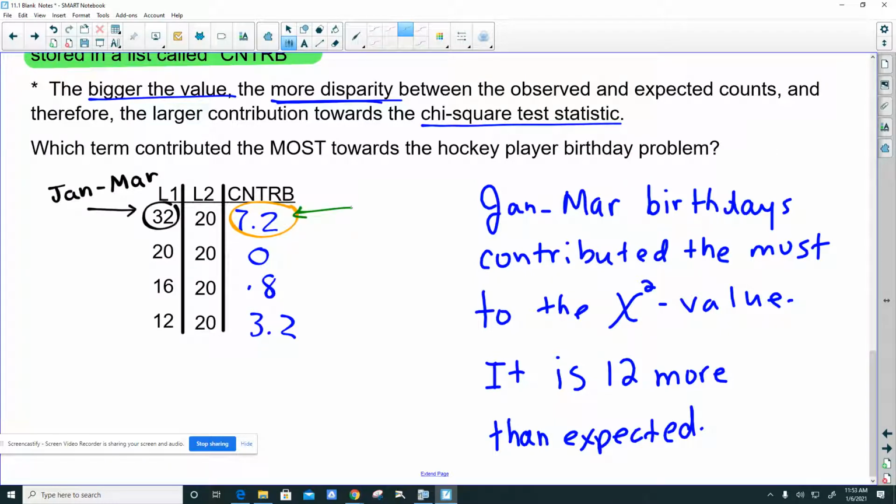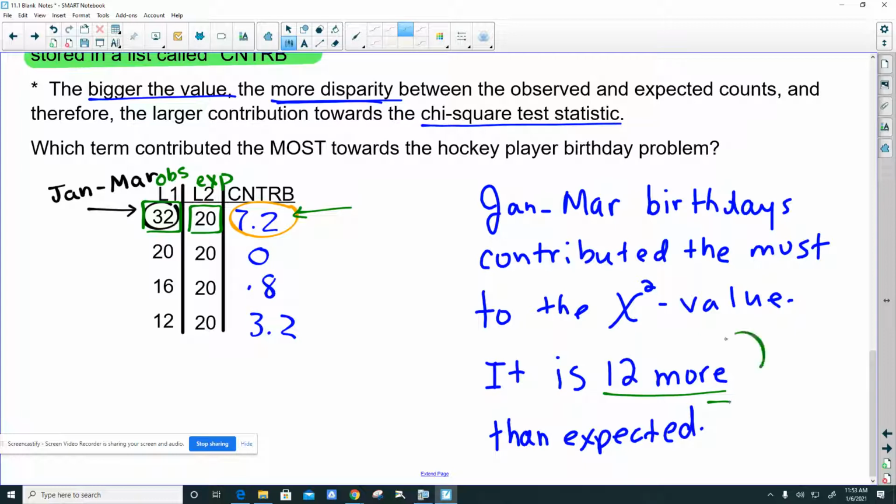That's not really the 7.2. Remember, this is the observed, L2 is the expected. You can see I was expecting to only have 12 NHL players have birthdays between January and March, but what I actually observed is that there were 32. So that's where I'm getting this, there were 12 more than what I was anticipating there.